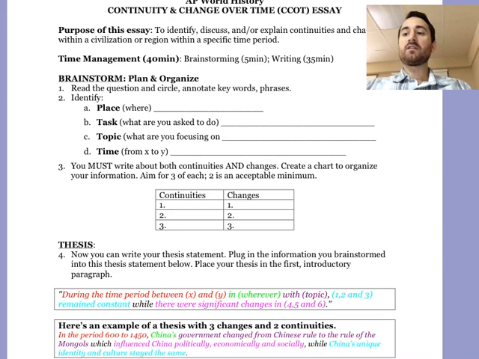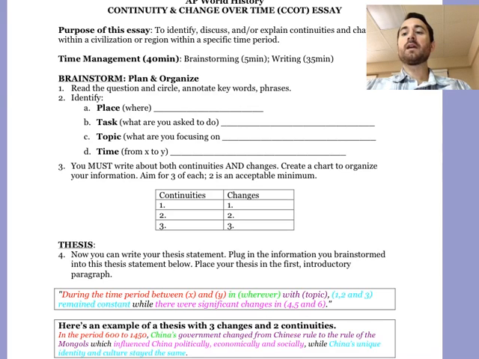Okay? And this here is the thesis prompt that I want you all to memorize. Okay? This is the thesis statement. This is the model, and you're just going to fill in the missing information. So during the time period between X and Y, between say 500 and 1450, in a geographical region with this topic, maybe it's changes in political structures, these things remain constant, stayed the same, while there were significant changes in this, this, and this.